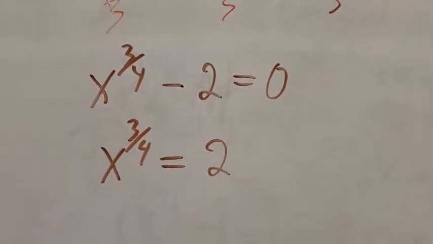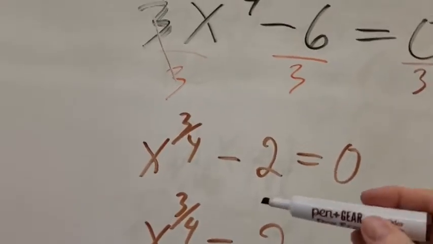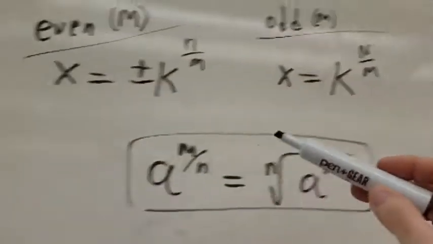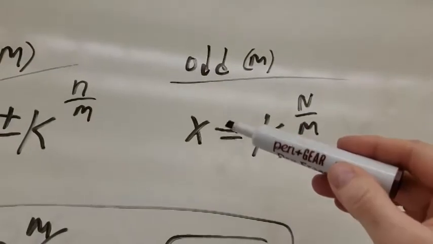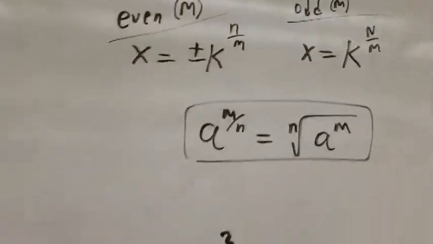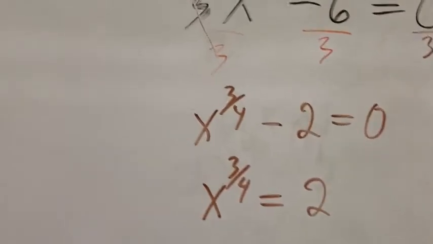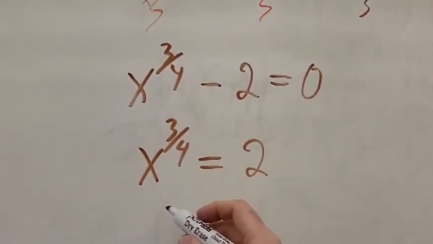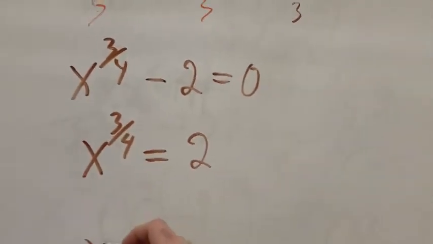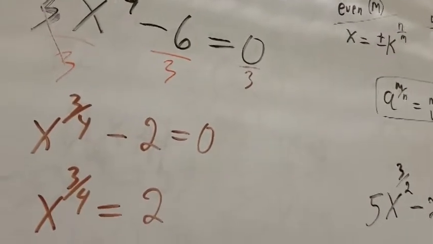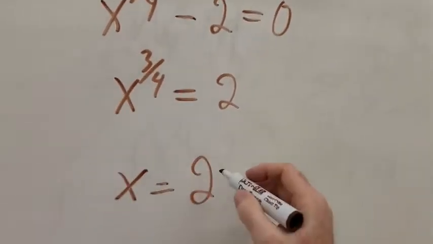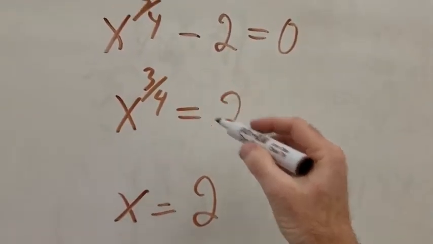So now we apply the rule, and notice that the m value is odd. So I want to use the odd formula. I want to write it down as x is equal to k, and then I got to flip the two things there. So I got to say that x, because that's what it says x is equal to, and then we put the number 2, and we want to flip these two.